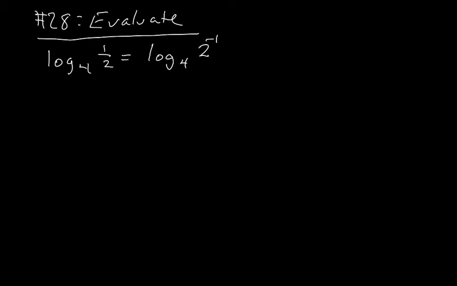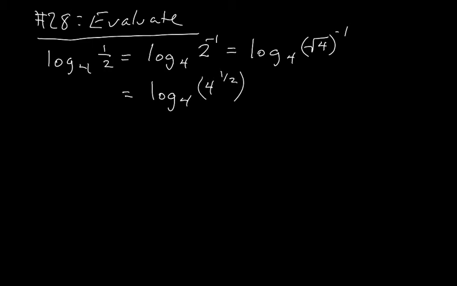Then, like before, I know that 2 is the square root of 4, and the square root can be written as a power of 1/2. And then I get that property that I can multiply my exponents.